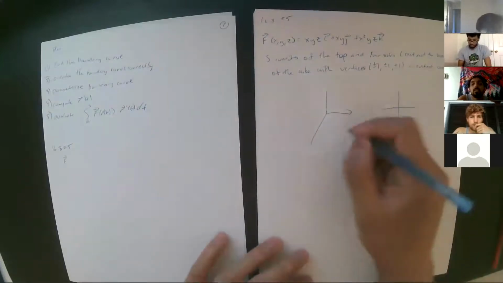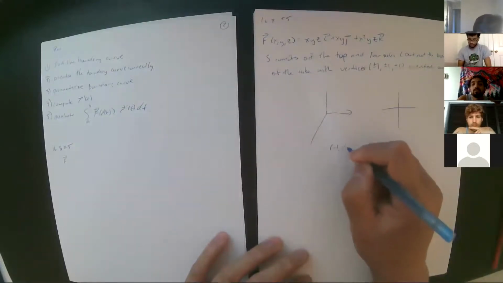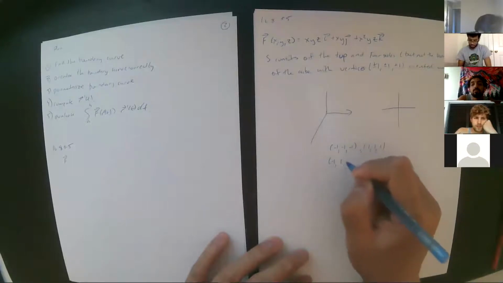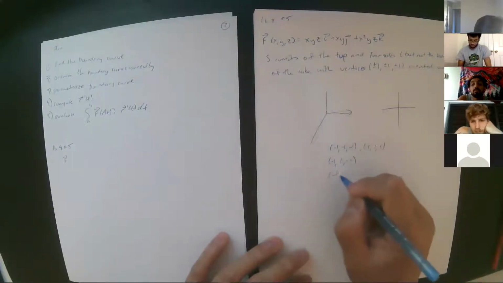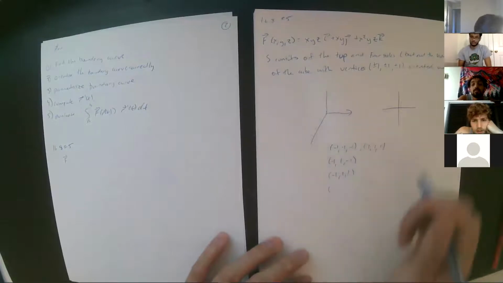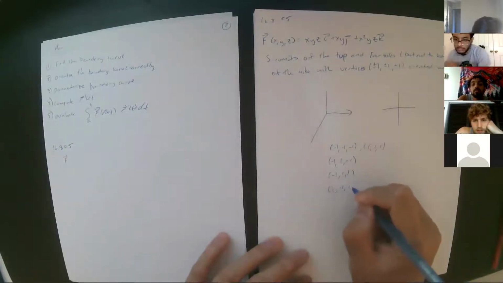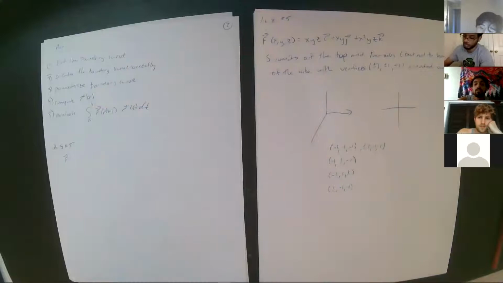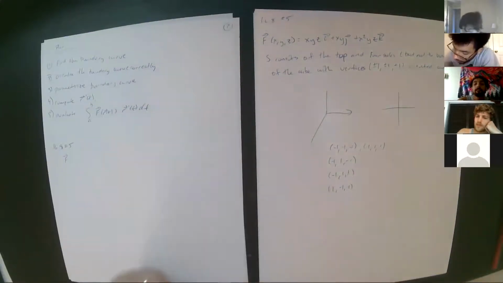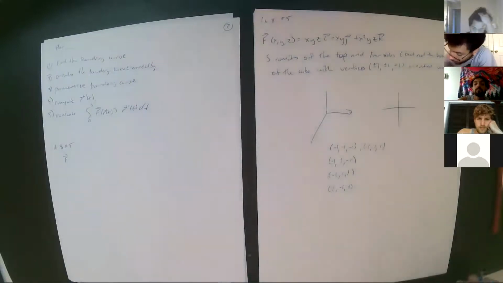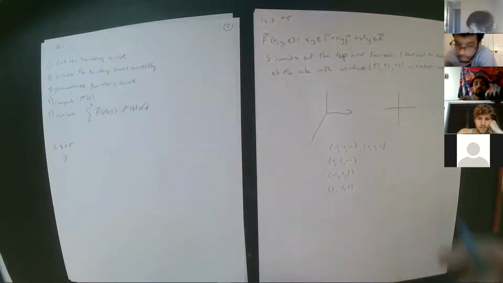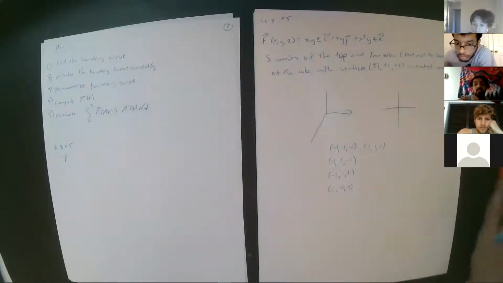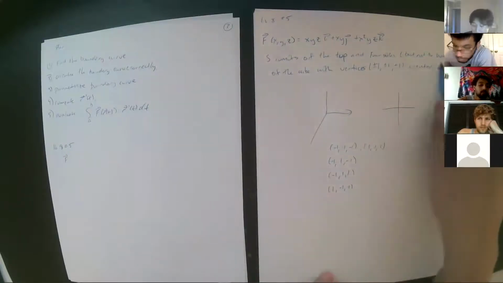The corners of the box are at -1, -1, -1, -1, 1, 1, 1, -1, 1, -1, -1, 1. None of these corner pieces are at 0, so it's going to be -1. The corner pieces we're talking about are the ones with z value -1, because it's the lowest z value. It's the bottom, not the bottom.